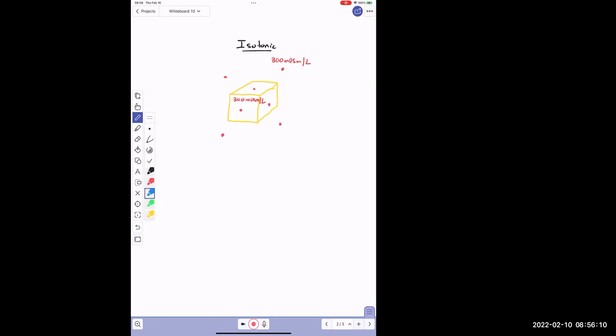That is to say that the amount of water coming into the cell is equivalent to the amount of water leaving the cell. Going in equals leaving. It's balanced because the concentration of solute is the same. So this is an isotonic situation.